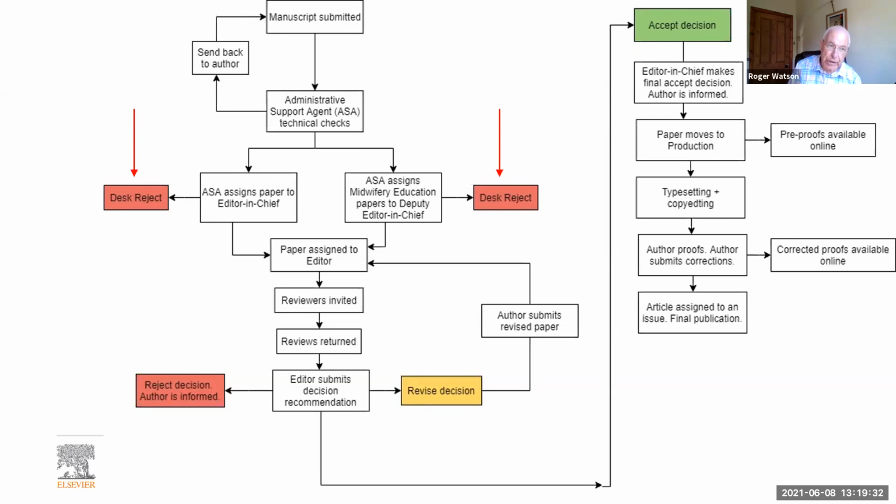We give you a general reason, and we don't usually enter into correspondence about it, or we would spend a lot of time corresponding about the desk rejections, because they are the majority of the manuscripts. So if a paper is suitable, then it will go to an editor. And while it's not entirely accurate here, the editors can actually reject it before they send it out to reviewers.